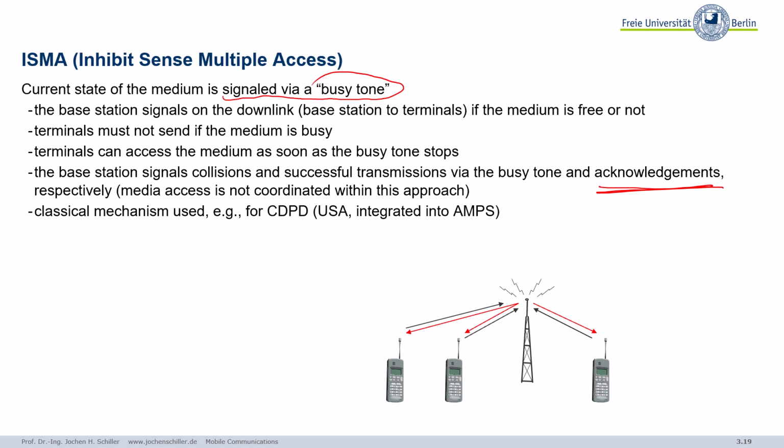But think of a wireless setting, the devices do not necessarily hear each other. So you cannot directly apply the same scheme from the classroom. So this is why we use this busy tone, for example. So I, as a teacher, could raise a red flag indicating now I am busy, and a white flag, for example, you're allowed to access the medium. This is a classical scheme for packet data transfer in CDPD in the US system AMPS.